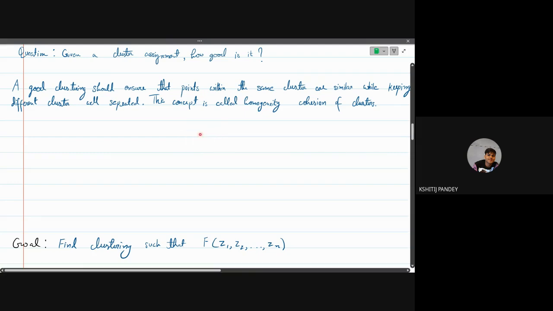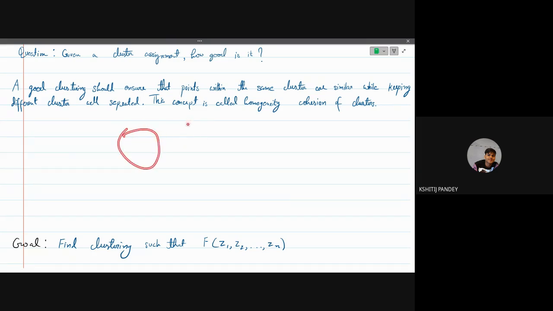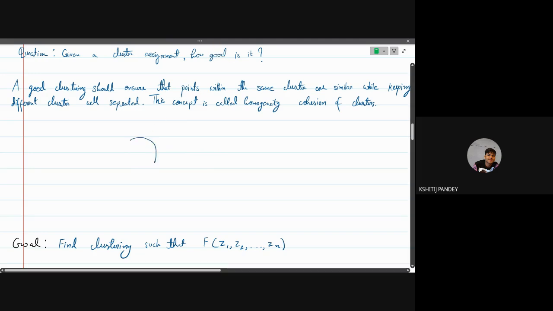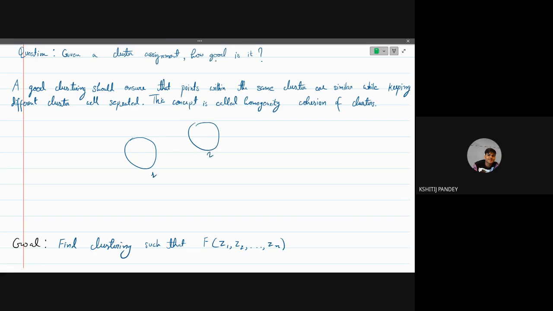Now there must be a cluster representative. You will have a lot of points inside a cluster. This is one cluster, this is another cluster. So there can be a representative of a given cluster. So cluster 1, cluster 2. A good representative for each cluster is its mean.